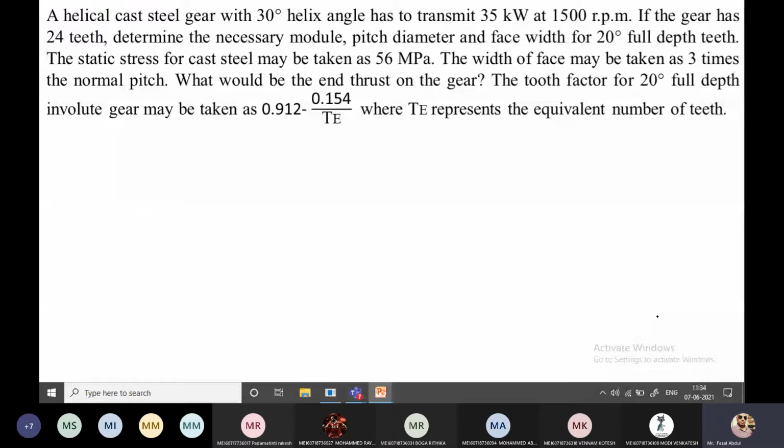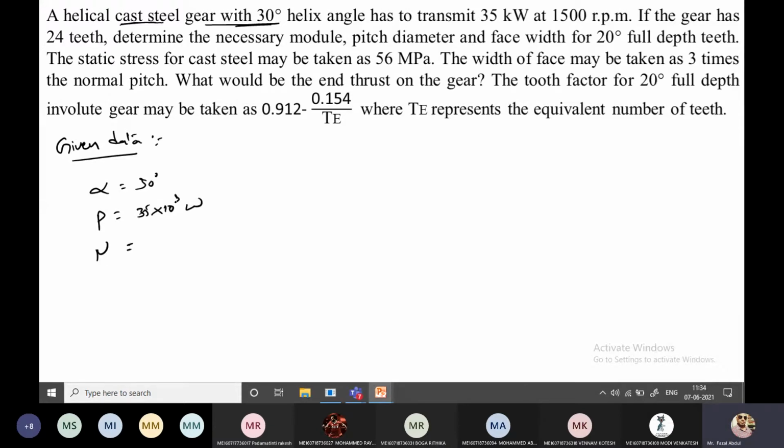So this was the last class problem. Once again, I'm writing from the given data. A helical cast steel gear with a helix angle of 30 degrees, transmitting power of 35 kilowatts, and RPM.